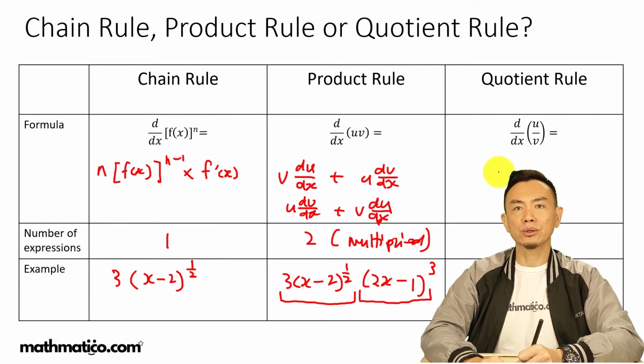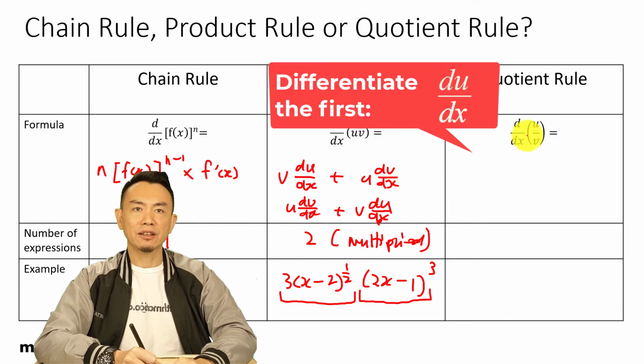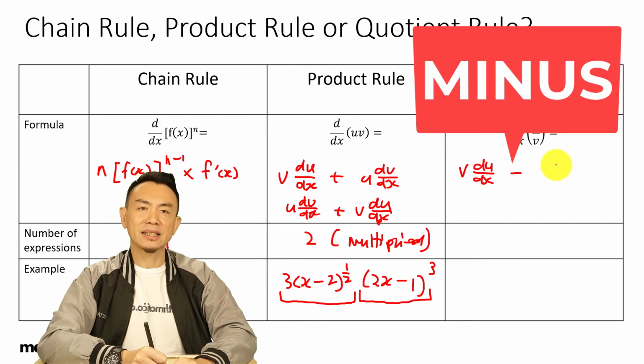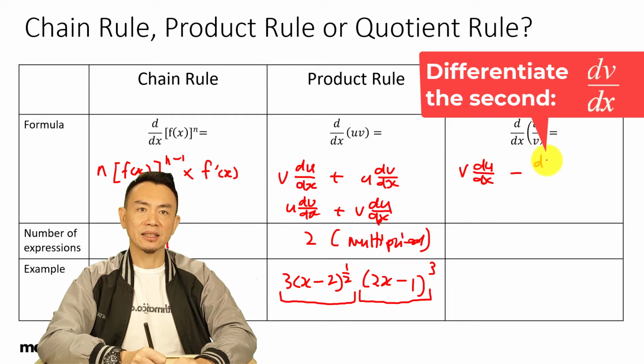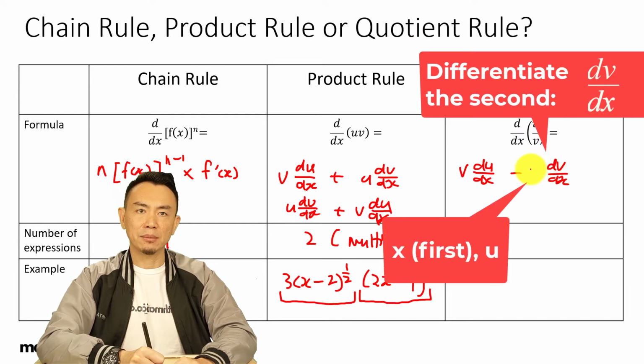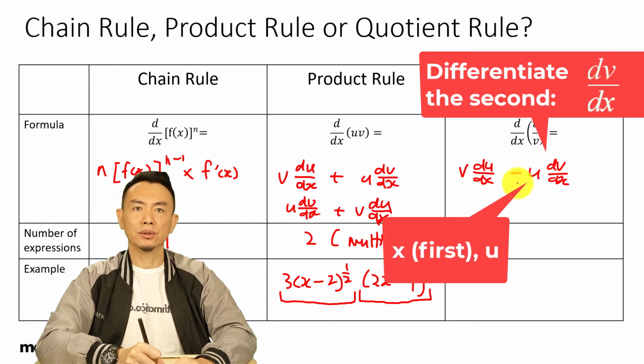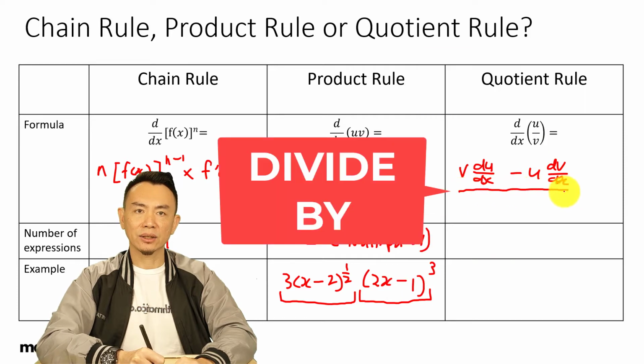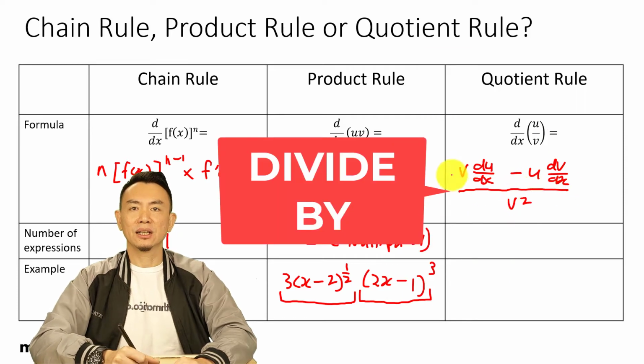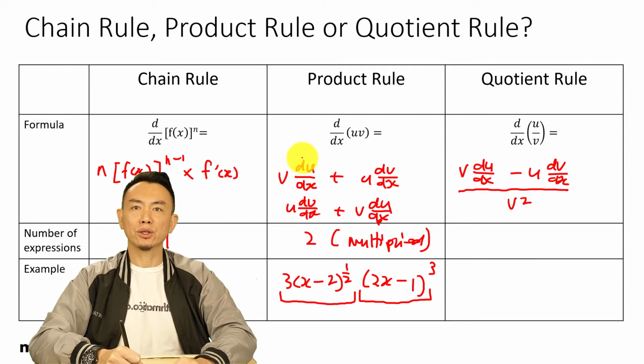Now when we come to quotient rule, we differentiate the first, which is du dx, times the second, minus differentiate the second, which is dv dx, times the first, which is u. Then we divide this whole thing by v squared. So remember earlier on, I said that you should write the formula as v du dx plus u dv dx.